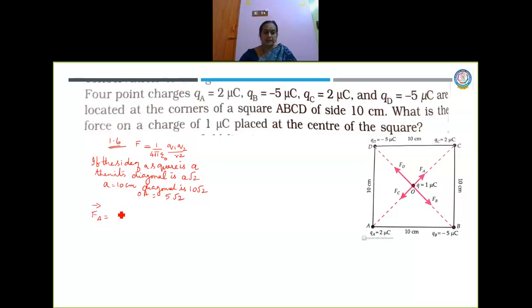So 1 by 4 pi epsilon naught is 9 into 10 power 9, into Q1, that is 2 into 10 power minus 6, into Q, that is 1 into 10 power minus 6, divided by 5 root 2 into, because the side is 10 centimeters, it has to be converted into meter, so it is 10 power minus 2, the whole square.